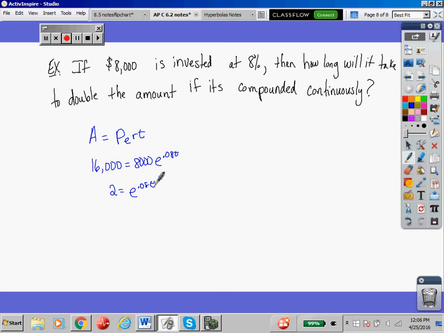You would call this P, this amount would be 2 times P, divide by the P, and I still have 2. It works out every time that way. You can triple the money, and I could know nothing about that principal amount and still be able to do it. All right, so you take the natural log of 2. Now notice, if it's a base of e, ln e always cancels. Then divide by 0.08, and I got about 8.7 years.